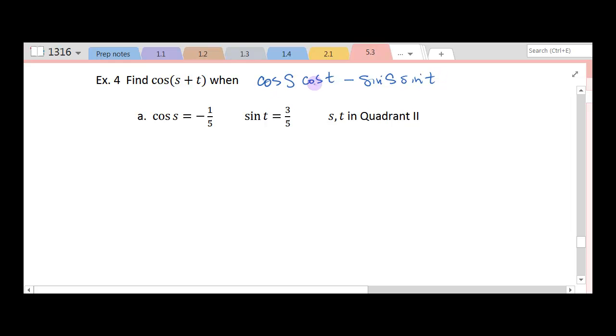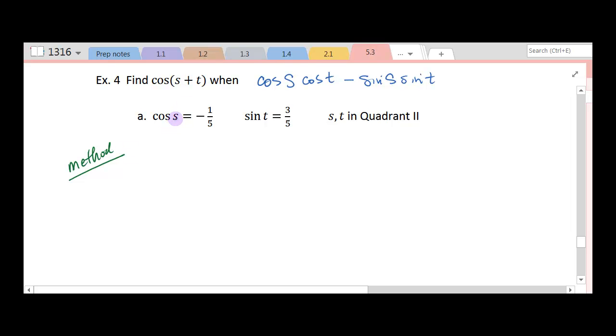Now there are 4 pieces to this identity, and I'm only given 2 of those pieces. So I need to use one of 2 methods to come up with the cosine of t and the sine of s. One method that we've used in the past would be to use the definition of trig functions. That's where I break down x, y, and r.